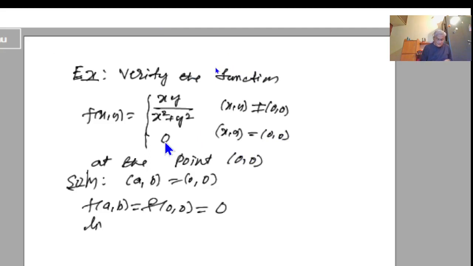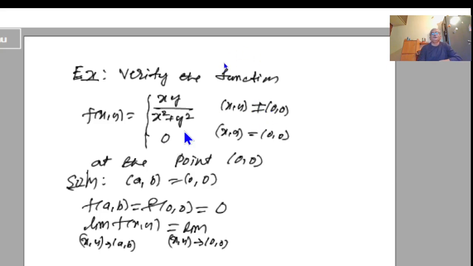Then the limit of f of x comma y as x comma y tends to a comma b is equal to the limit as x comma y tends to 0 comma 0.